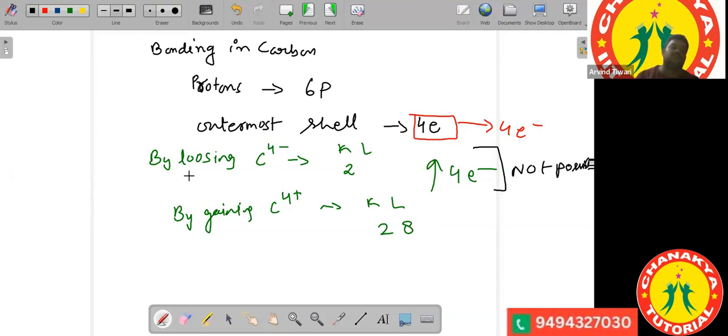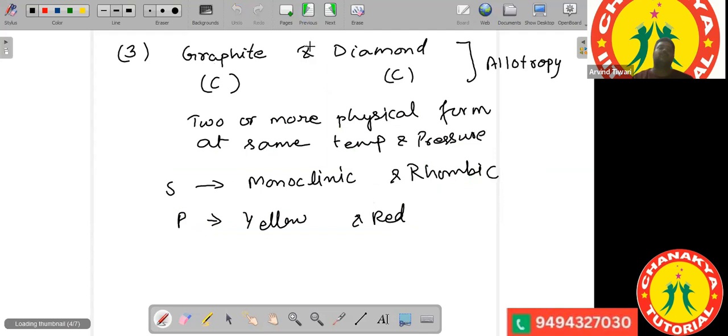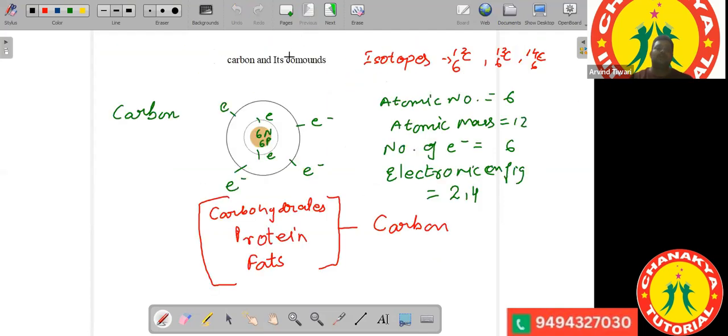Why is it not possible? It would require a very large energy for carbon to remove its electrons. Now, suppose carbon gains 4 electrons. Then the L shell will be fully filled with 8 electrons.